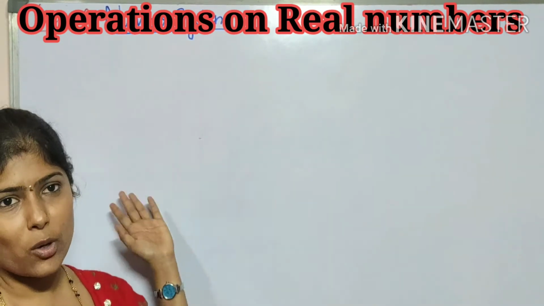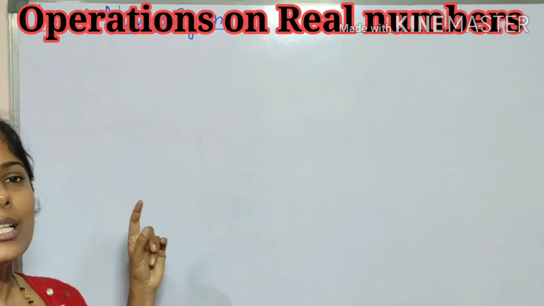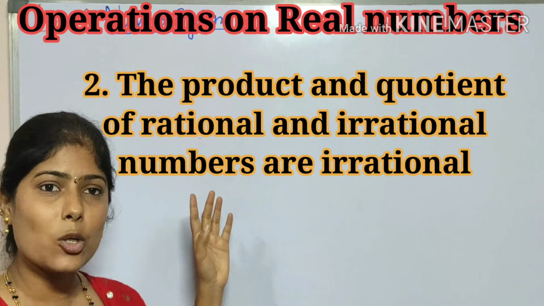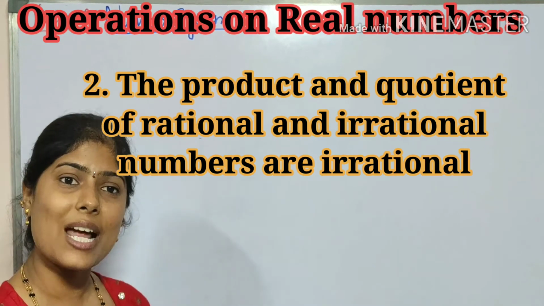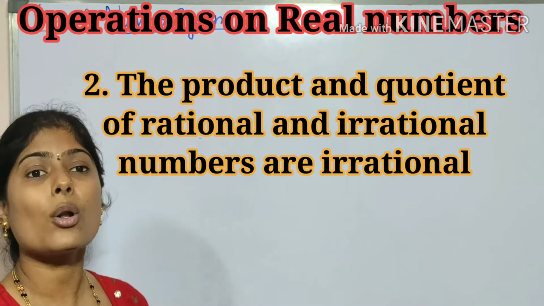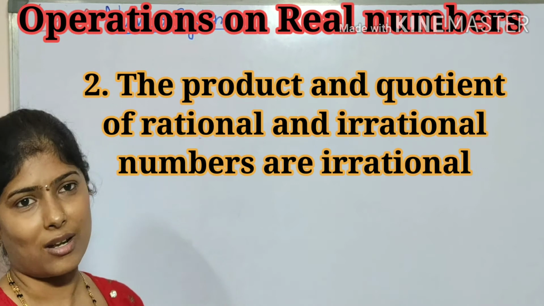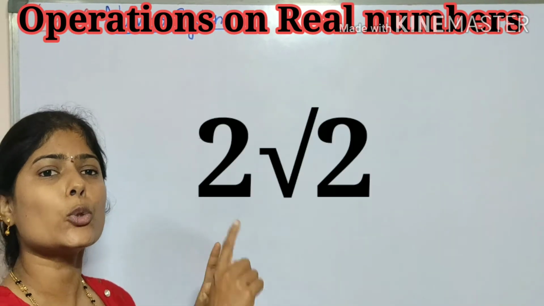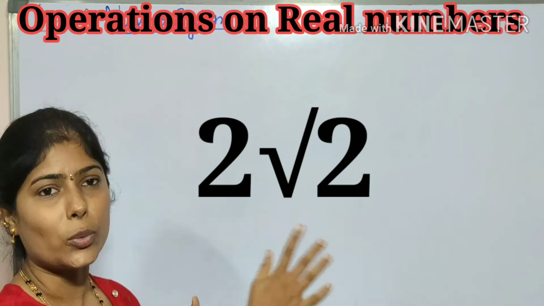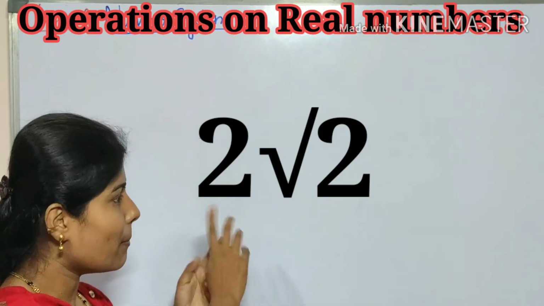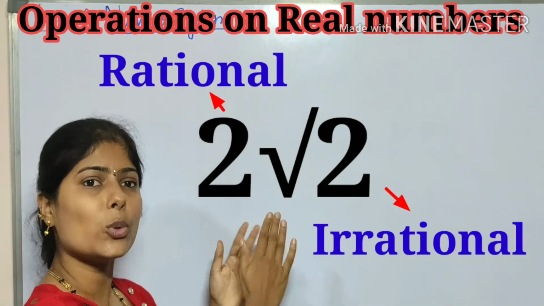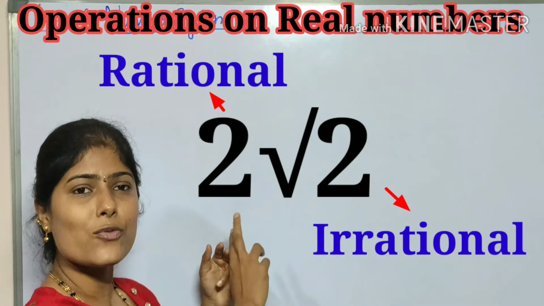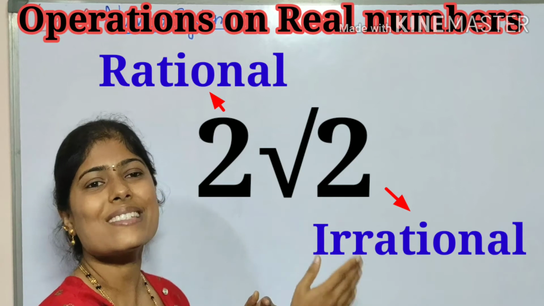Point number 2: the product and the quotient of rational and irrational numbers are always irrational. For example, 2 root 2: here 2 is rational, root 2 is irrational, so the product 2 root 2 is always irrational.